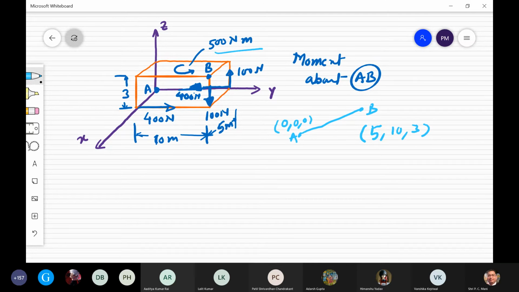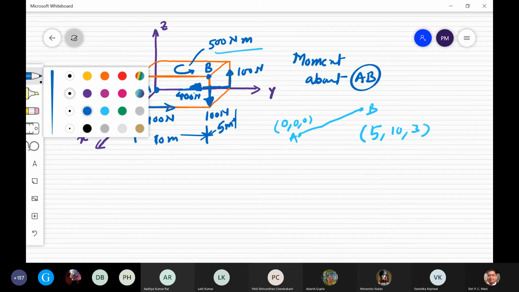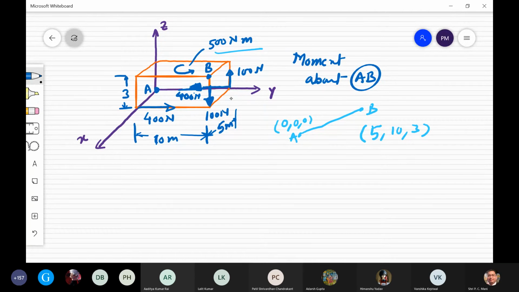This one is 100 into 5. This one is also 100, this one is 100, this one is 100. It is already written, this is 100 Newton, 100 Newton. 3 couples are there actually. 500 Newton meter, this is the first, C1.